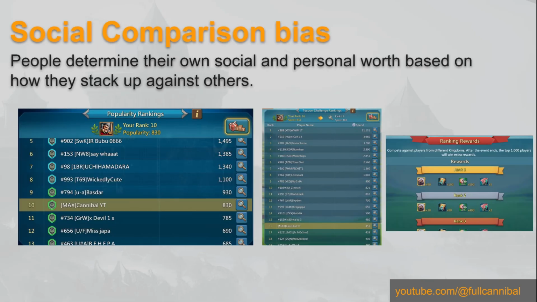Social comparison bias. Okay, so this is whenever you have a leaderboard or ranking, this is really about determining your social personal worth based on how you stack up against the others. So, in the game, they exploit that by having leaderboards.